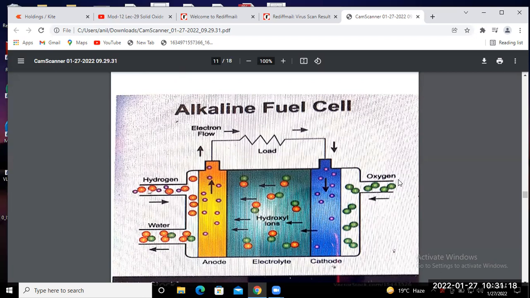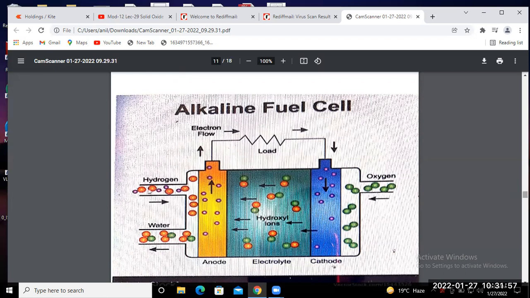From this path you may find the flow of electrons from anode to cathode, and the oxygen comes from this vessel. So this is all about the connection diagram, the flow of electrons and the reaction in the alkaline fuel cell. Just be concerned about the flow of electrons and the flow of current.